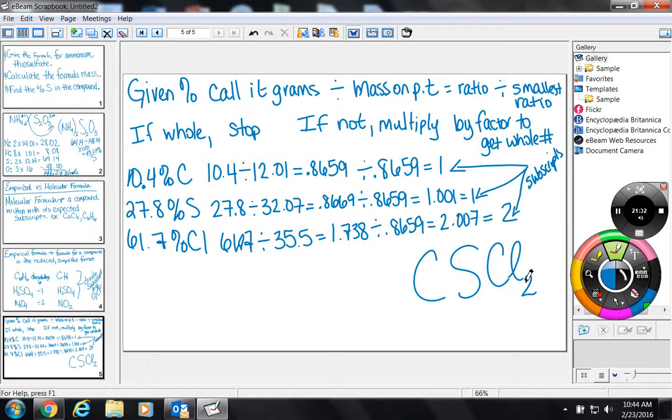These numbers, the 1 and the 2, become your subscripts in the formula. So I have 1 C, 1 S, and 2 Cl's. Okay. All right. Nick, where were you?